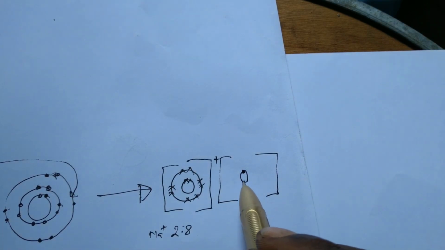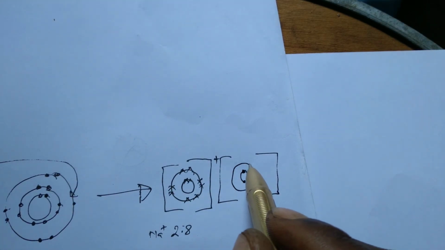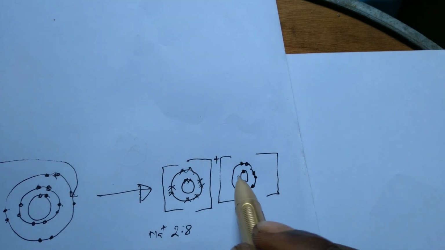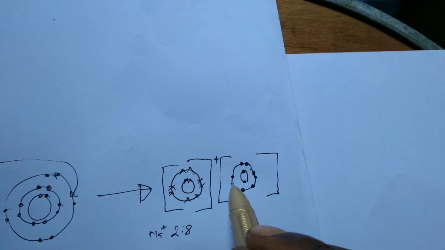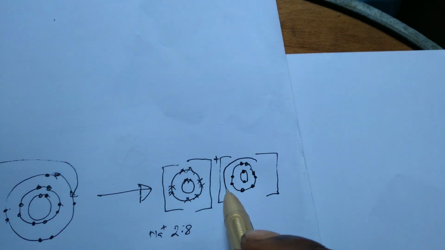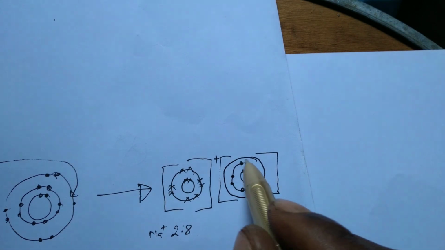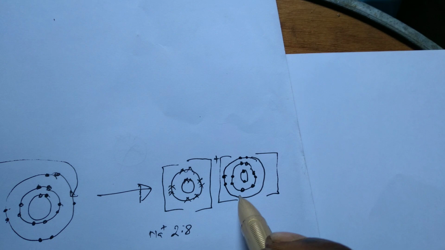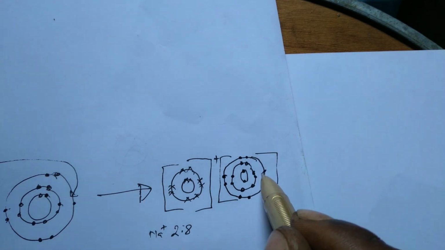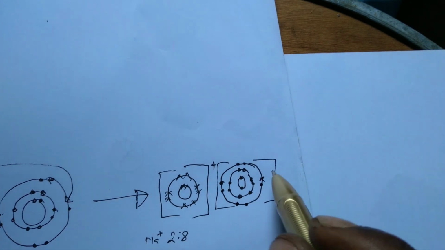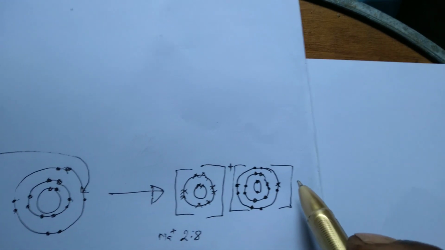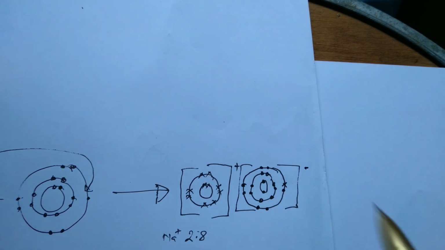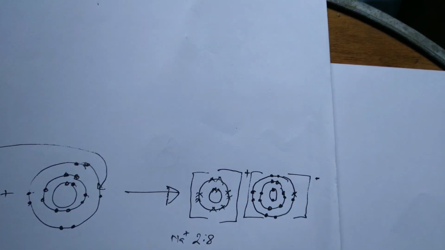Let me draw that: 2.8.8. The outermost energy level now has another electron, which is from sodium, and so we have a negative sign here.